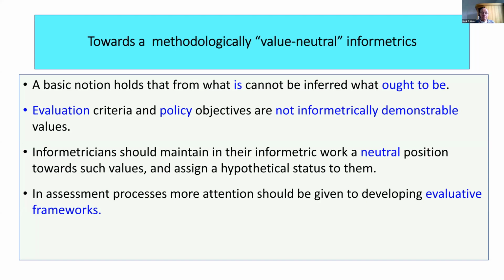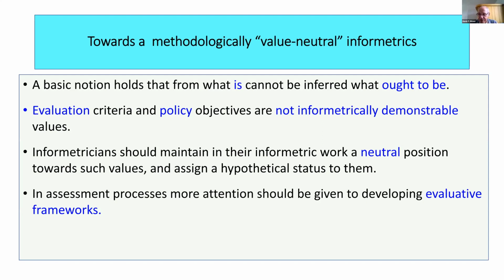And I also believe and defend the position that infometricians should maintain a neutral position towards these values and assign a hypothetical status to them. And in research assessment processes, there should be much more attention to the development of evaluative frameworks. I will talk a little bit about that later, but I just want to make sure that you understand my point.